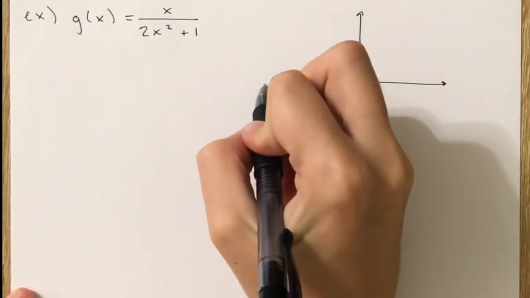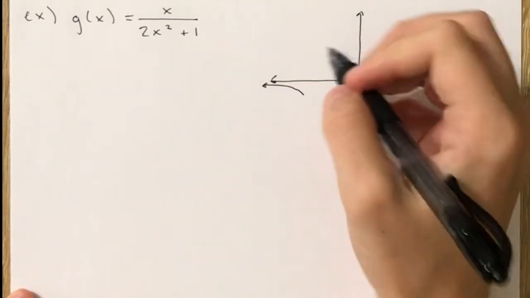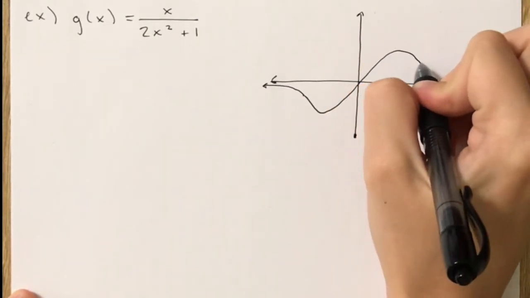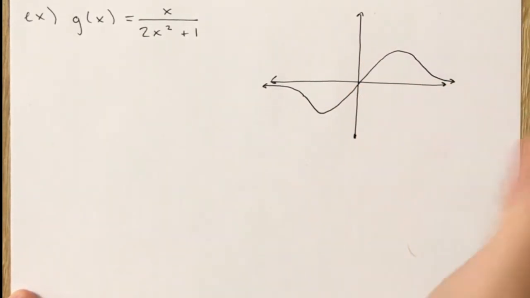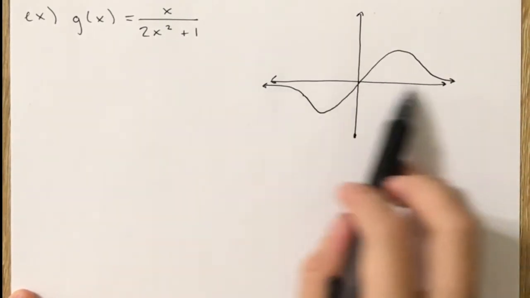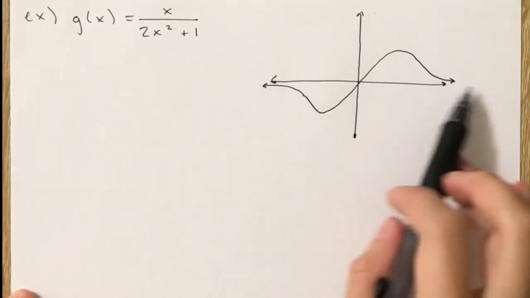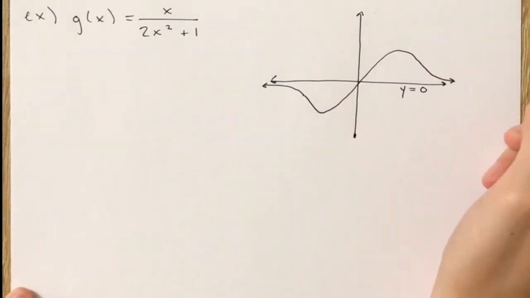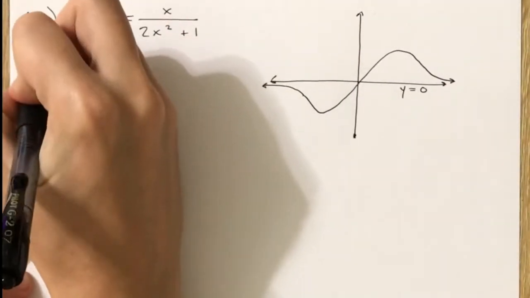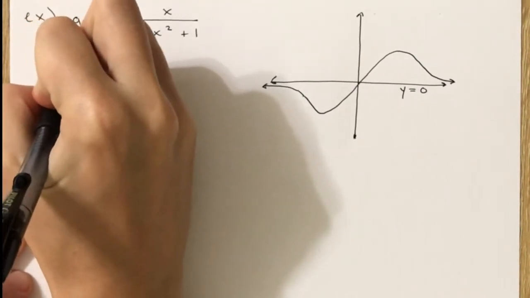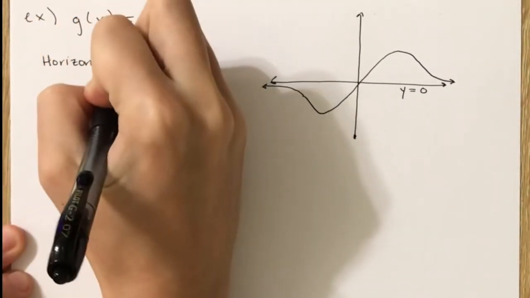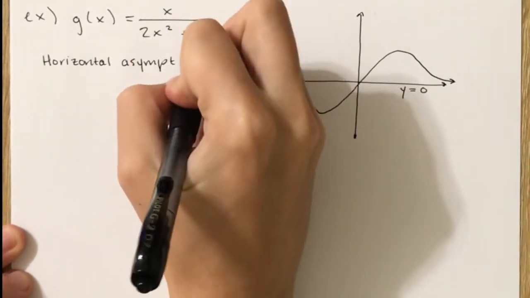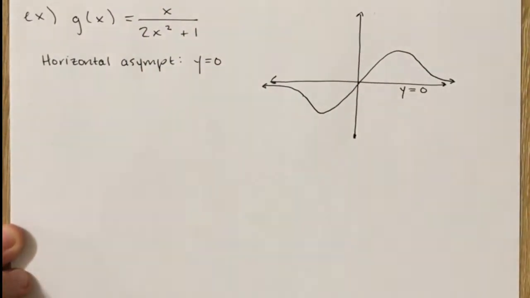We've got this guy that kind of dips down and comes through and dips down again, just like that. We're clearly getting very close to the x-axis, which is the line y equals 0. So we have a horizontal asymptote at y equals 0, based on the graph.